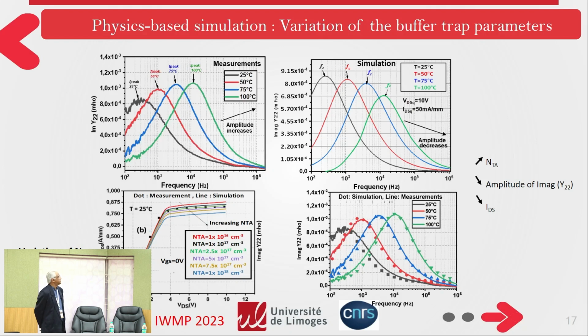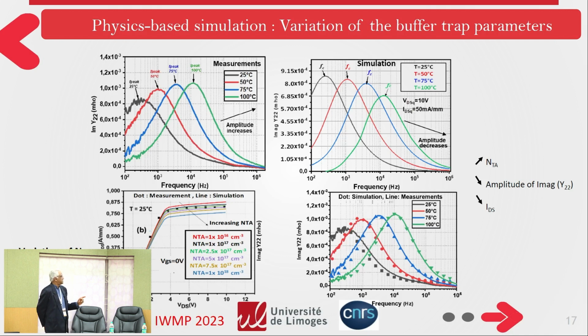We also made a variation of the buffer trap density. As you can see, on the left side is the imaginary part of Y22 versus frequency for different temperatures. The amplitude of the peak can decrease or increase in the simulation, depending on the density of buffer traps.